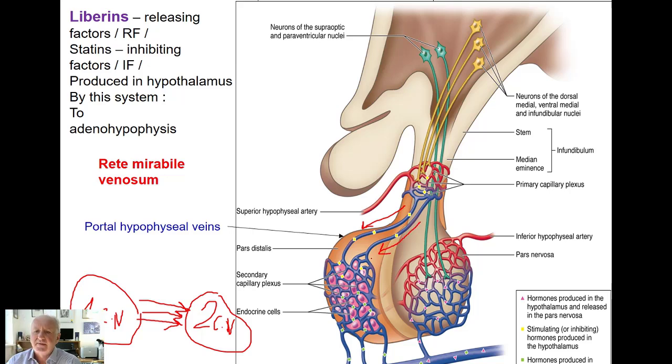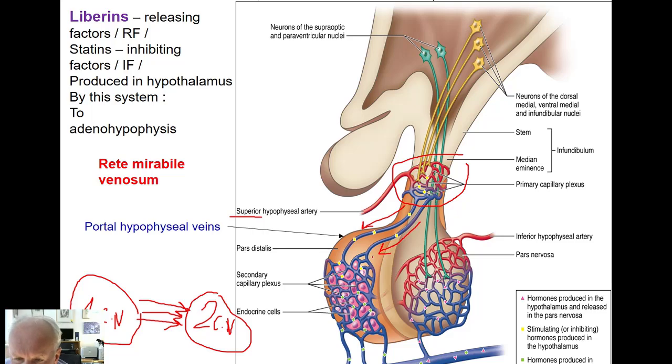So where is the first capillary net in our problem in the hypophysis? The first capillary net is in the infundibulum. As you see, the nutrition and the capillaries are from the arteria hypophysaria superior. So this is the first capillary net.